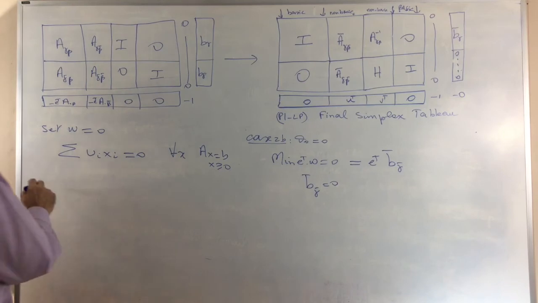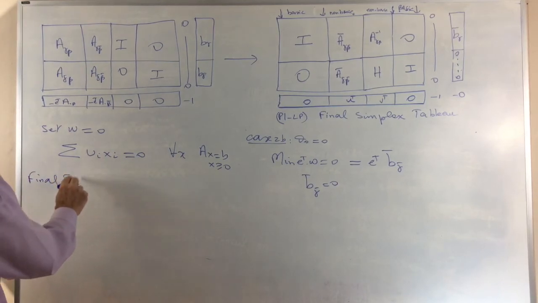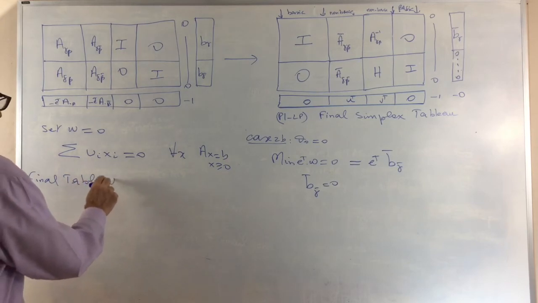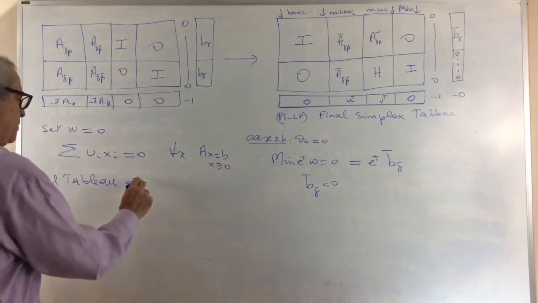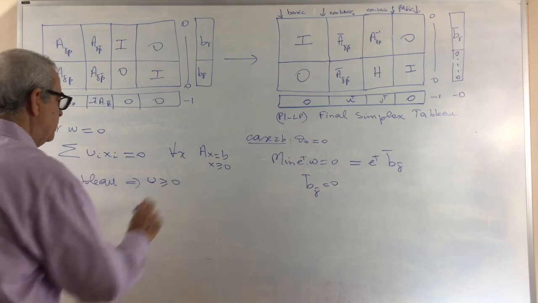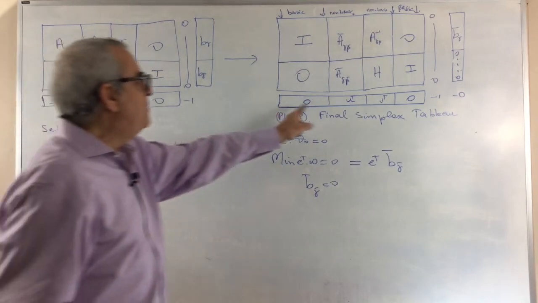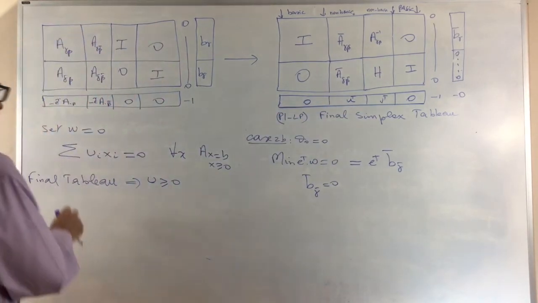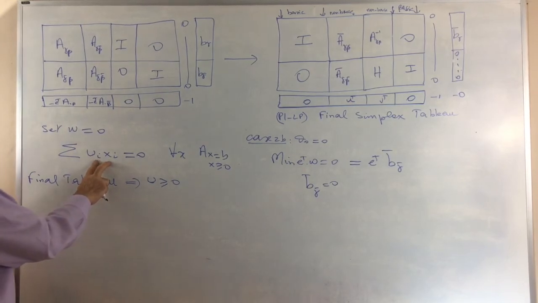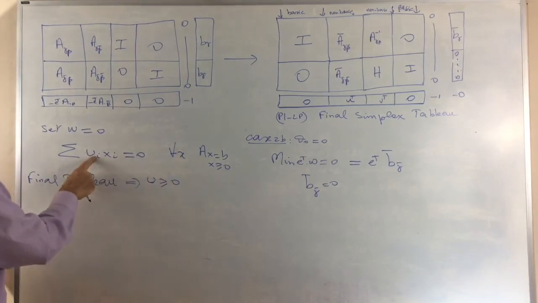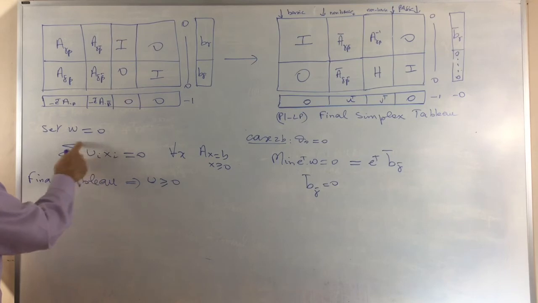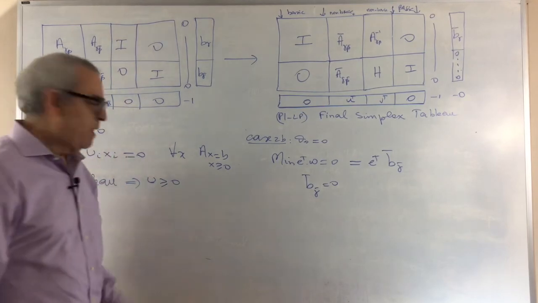But this is the final tableau, right? So that implies that u is greater or equal to 0. We don't have any negative term here. So I am summing non-negative numbers, x greater or equal to 0 and u greater or equal to 0, and the sum is 0.